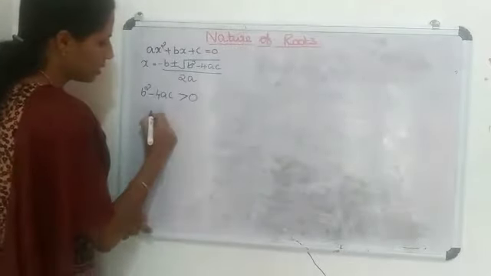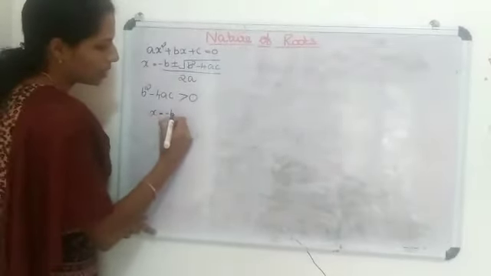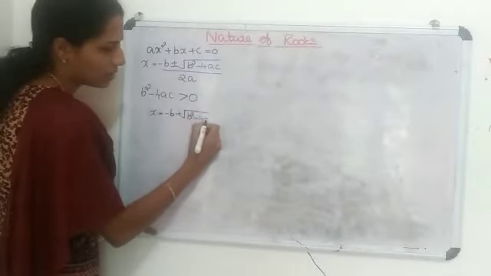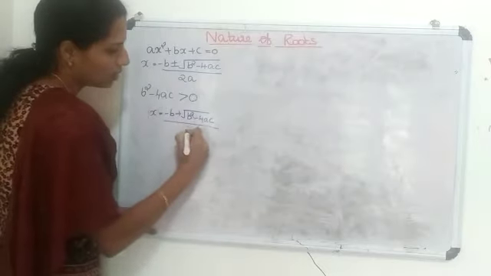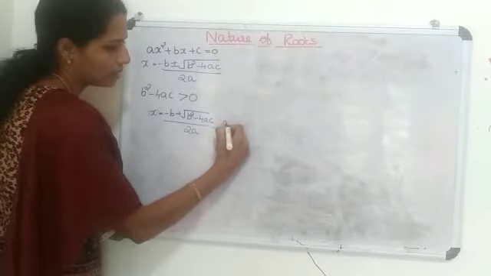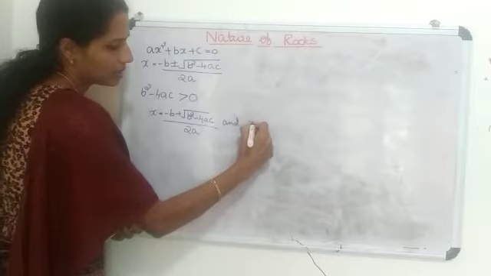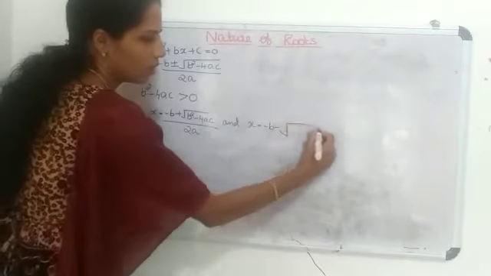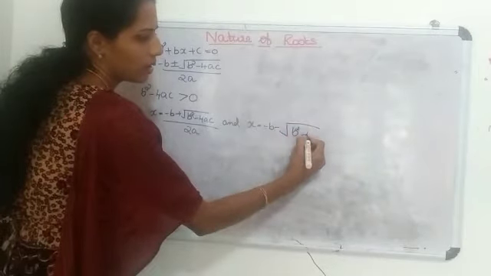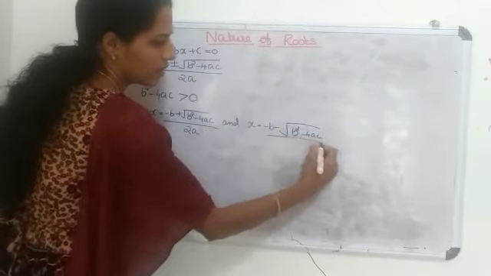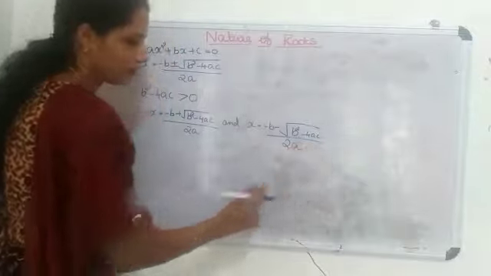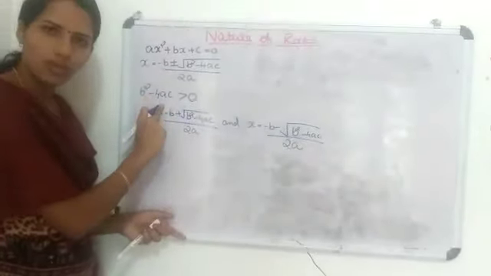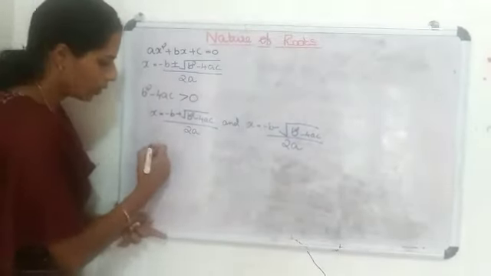What are the roots? x equal to minus b plus root of b square minus 4ac divided by 2a, and x equal to minus b minus root of b square minus 4ac divided by 2a. These two roots we get when b square minus 4ac is greater than 0.